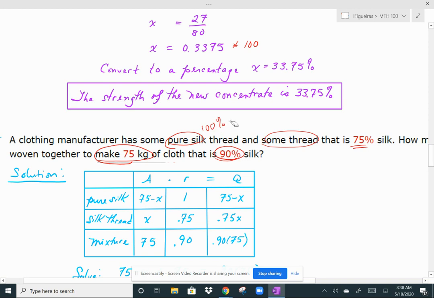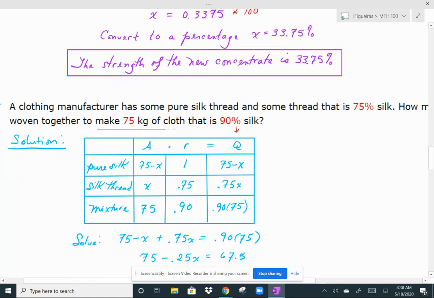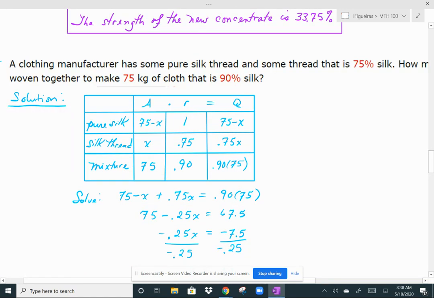The last column, the quantity, is just the product of the first two. So you get 75 minus x in the first column, 0.75x in the second, and then 0.90 times 75. Last column is your equation.